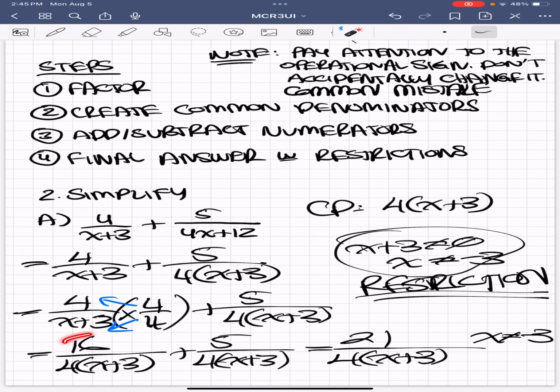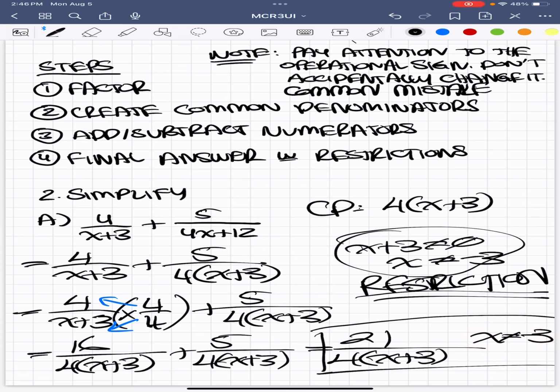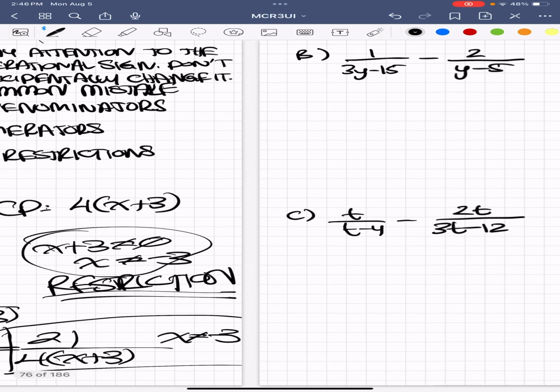And then we added and subtracted the numerators to get 21 over 4 in brackets x plus 3. And for the restrictions, we did x plus 3 does not equal 0, x cannot equal negative 3, so that's our restriction there. And then we're just going to circle our answer and moving on.